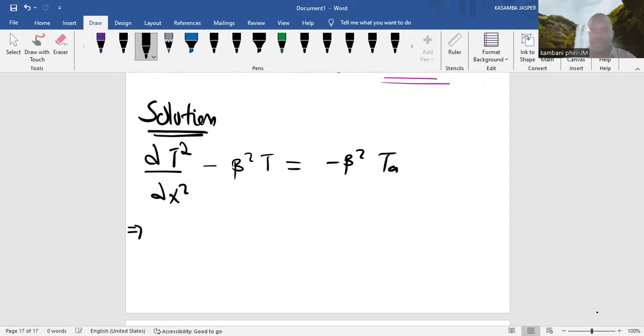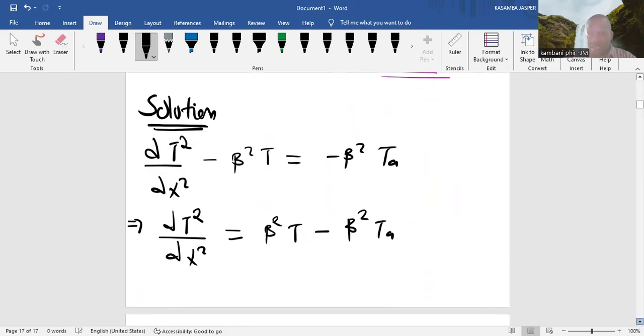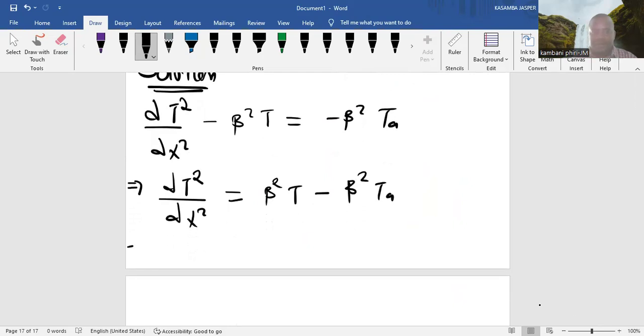So this will imply that we have d squared T divided by dx squared is the same as beta squared T minus beta squared Ta. Okay, we can still rewrite this.